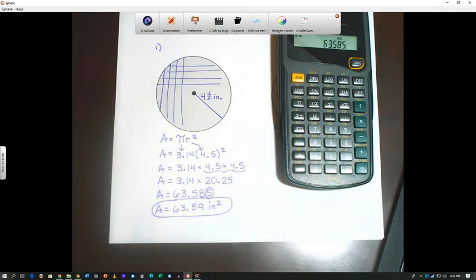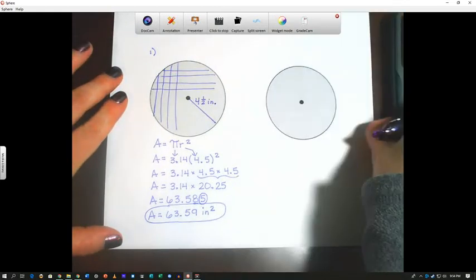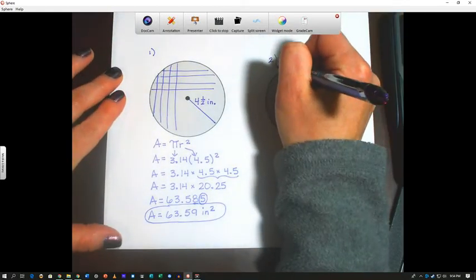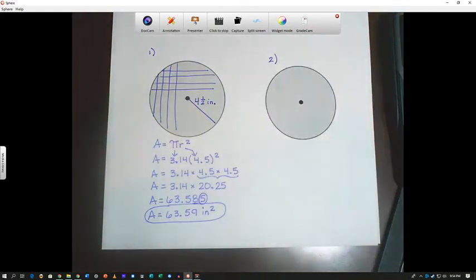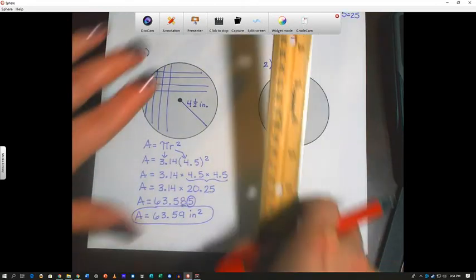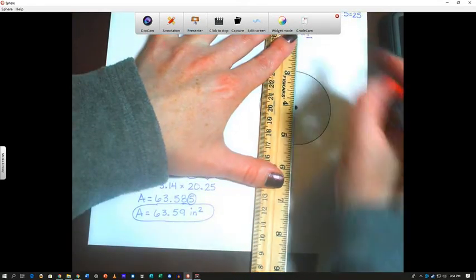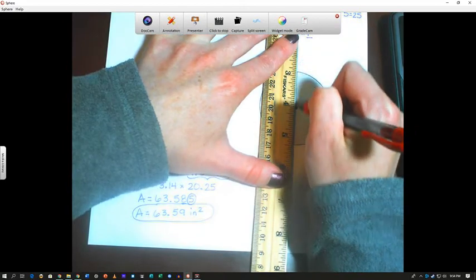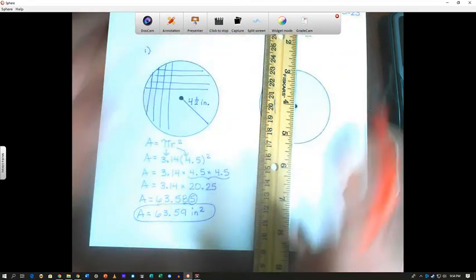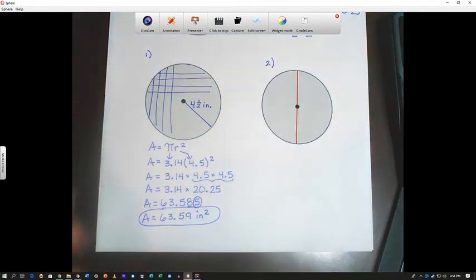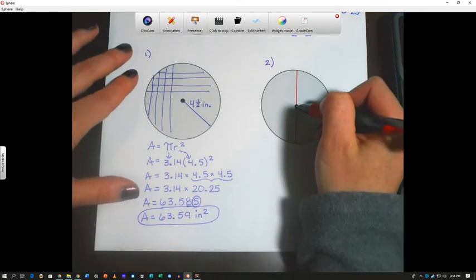We're going to do one more example together. And this is going to be a little bit different because now instead of giving you the radius, I am going to give you the diameter. Remember, the diameter goes all the way through the circle and it has to pass through that center point.